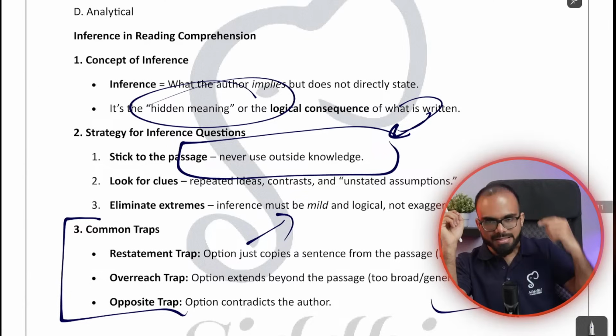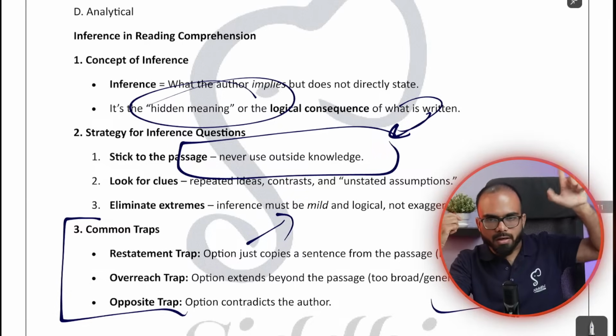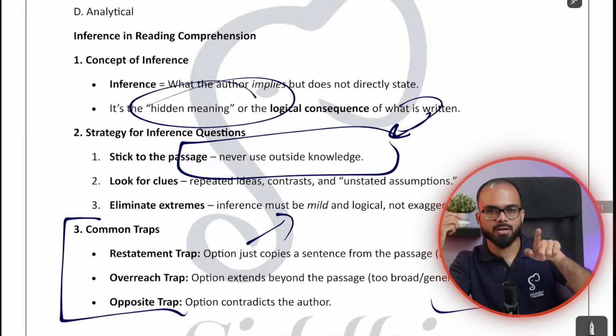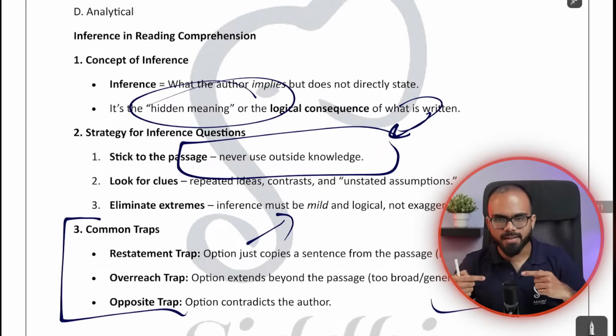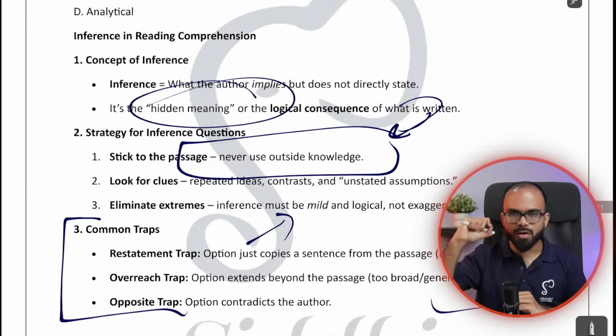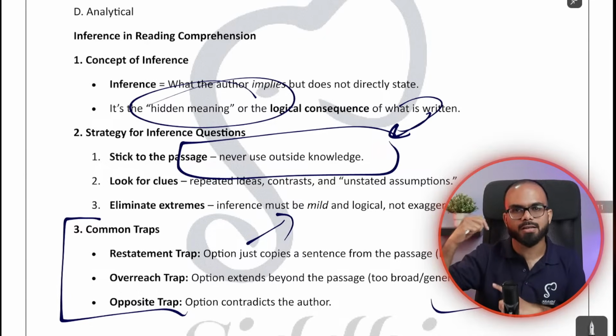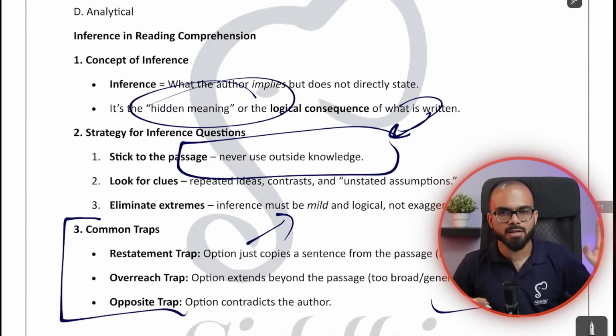Now, this line is contradicting the viewpoint of the author. The author tried to say that tariffs are not showing much of an impact and India is resilient and India is handling it. Whereas your answer choice says tariffs have major impact on a specific sector. So if your answer choice is contradicting the original idea, then definitely it is not an inference that you need to draw.